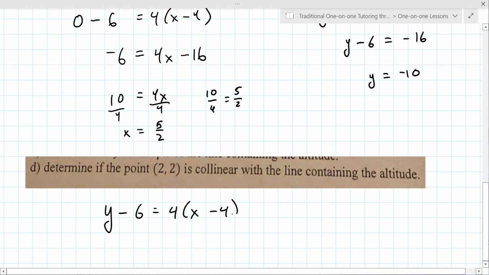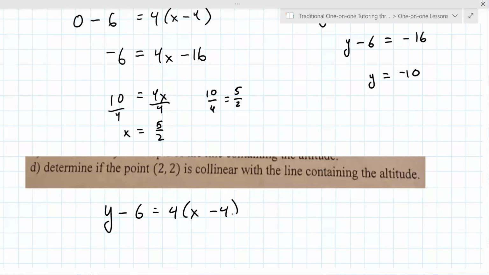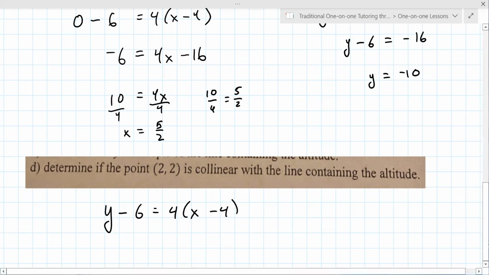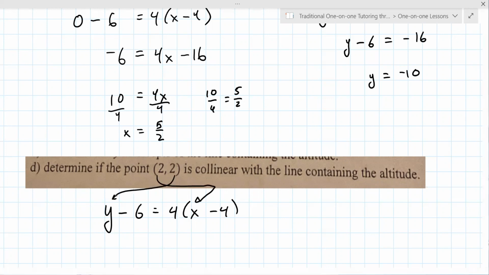I insert 2 and 2. The first 2 is x and the other one is y. So then it would be 2 minus 6 equals 4 parentheses 2 minus 4.